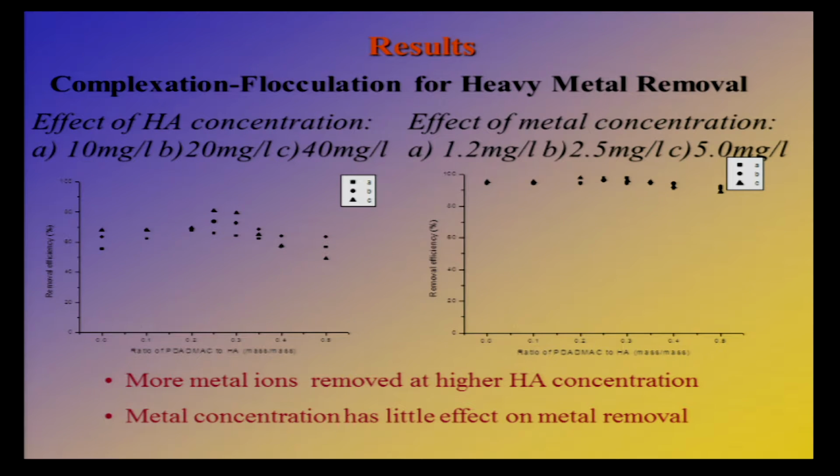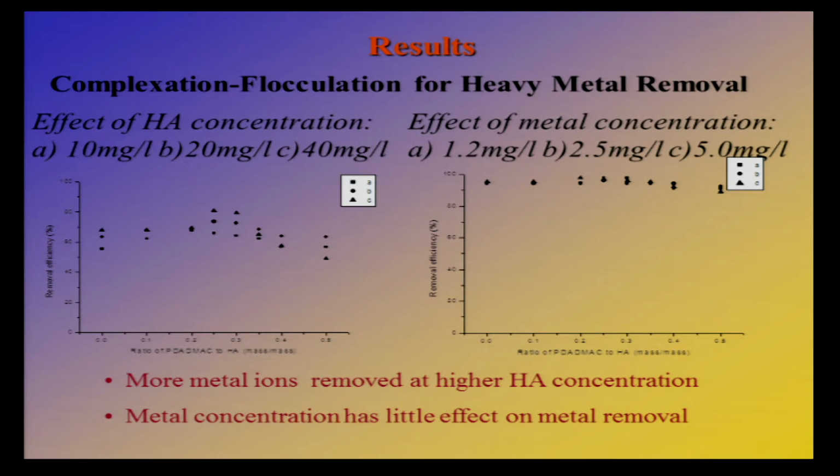How does the metal concentration affect its own removal? That's a good question. So in other words, if I increase the concentration of metal in the feed, how well can I remove that at the higher concentration? And again, A, B, and C, I'm plotting squares, circles, and triangles. They're all pretty much the same. They're all about 95%.